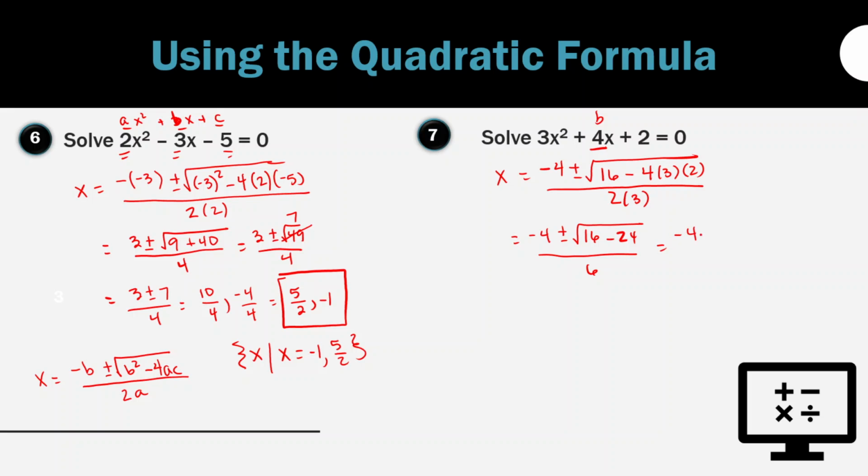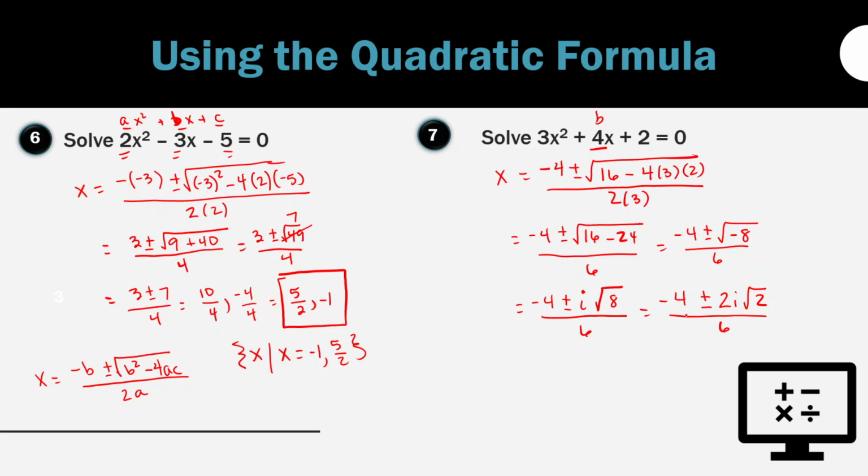So I end up with negative 4 plus or minus the square root of negative 8. Now here we have to remember that the square root of a negative 8 actually becomes an imaginary number. So that negative can pull out of the square root as an i. I can still reduce the square root. So the square root of 8 becomes 2 square root of 2.